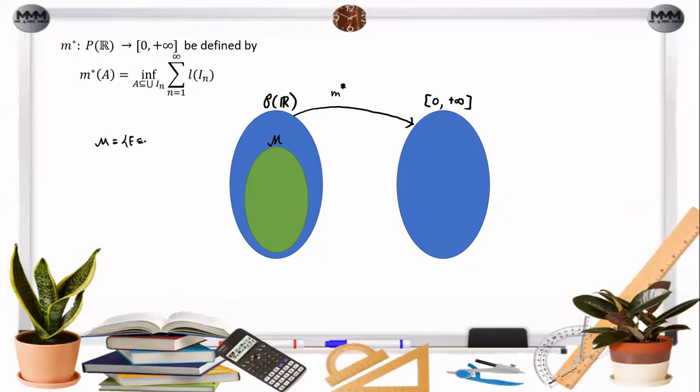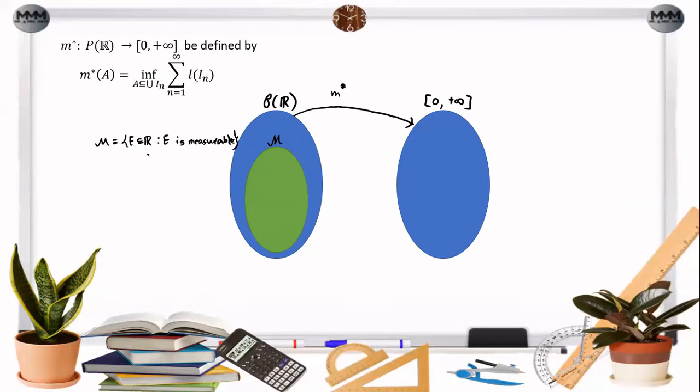So here set E is a subset of the set of real numbers such that E is measurable. That is, we mean by script M the set of measurable sets.